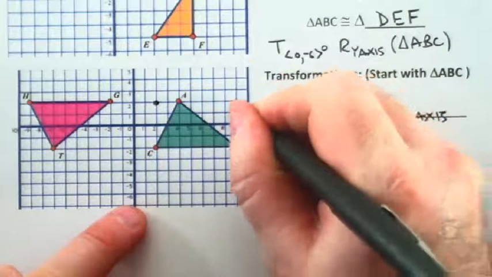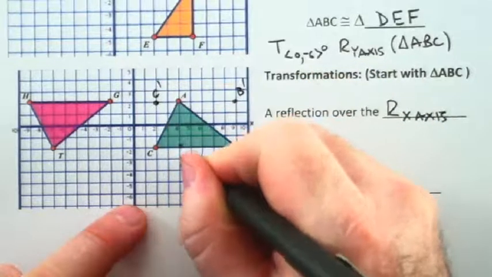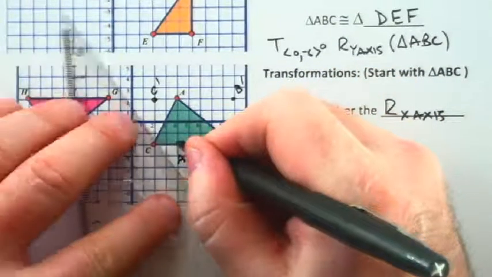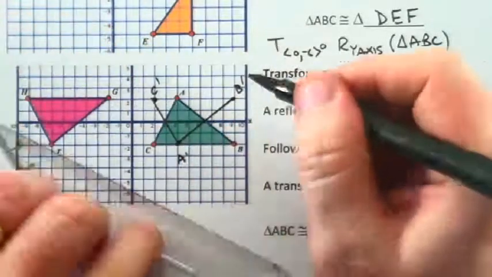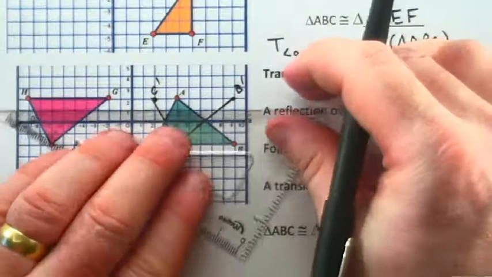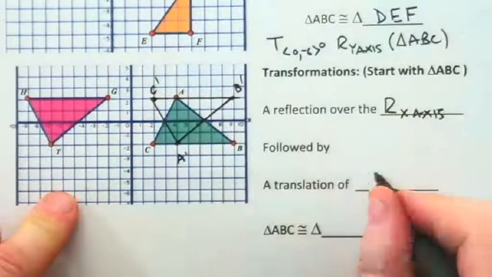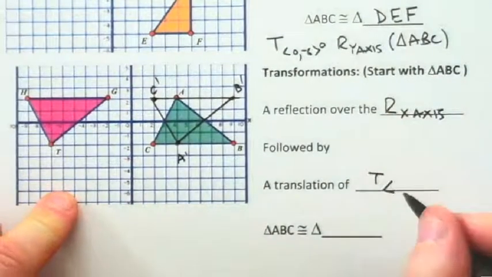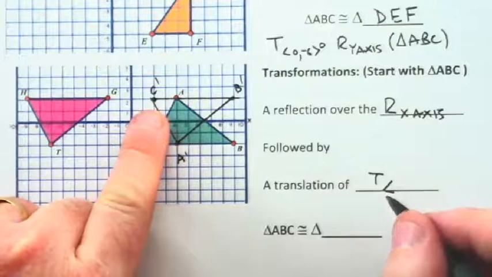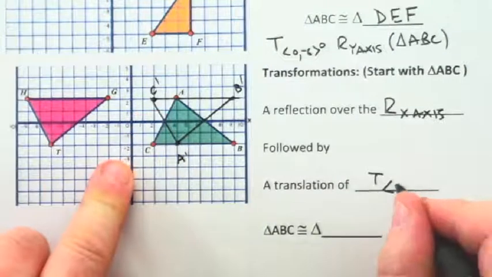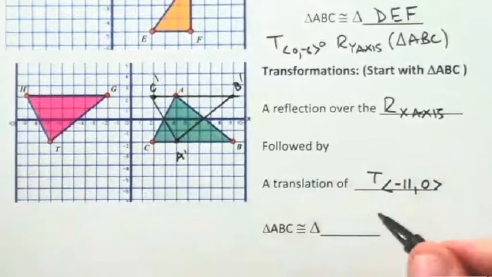Reflect first, which would place it right here. And then we will take that and we will translate it. Now, let's see. So we're at 2 here, so we're going to go left 11 and keep everything else the same.